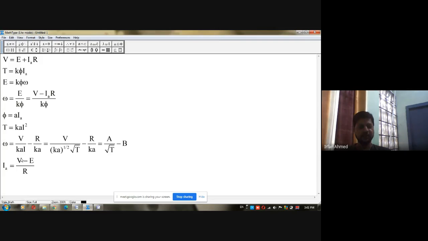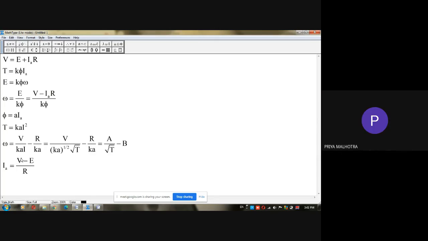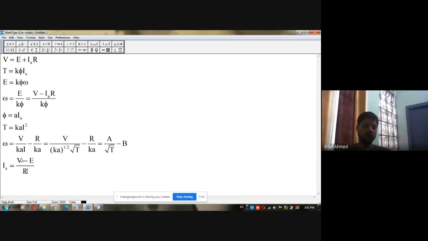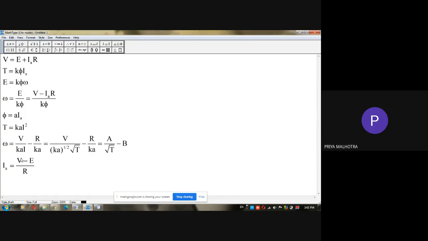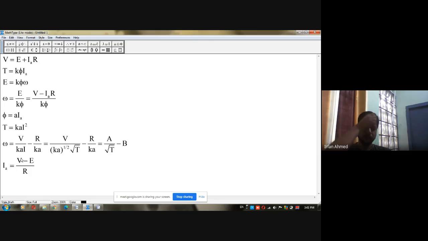So you can get either dynamic or rheostatic braking, or you can get plugging or counter current braking. What will you do for rheostatic braking?